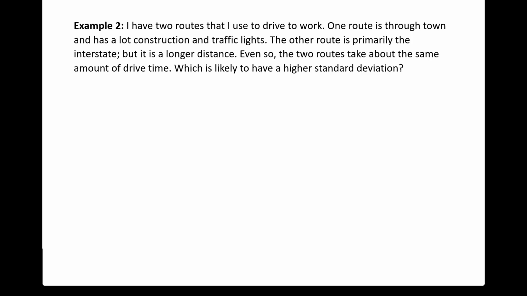Example, I have two routes that I use to drive to work. One route is through town and has a lot of construction and traffic lights. The other route is primarily the interstate, but it is a longer distance. Even so, the two routes take about the same amount of drive time. Which is likely to have a higher standard deviation?